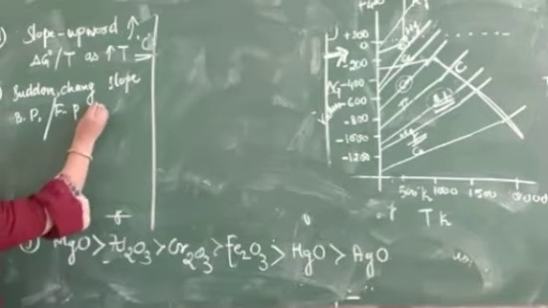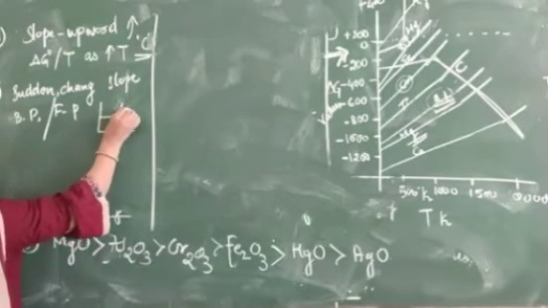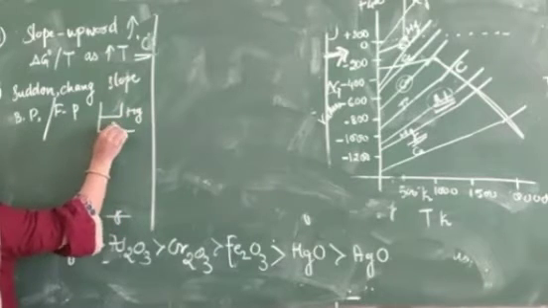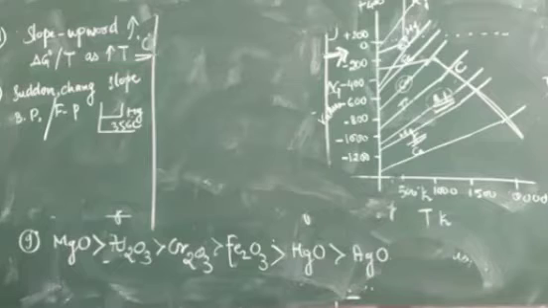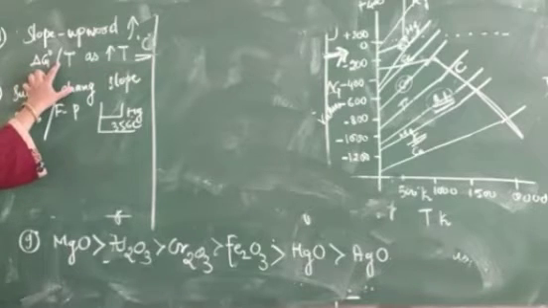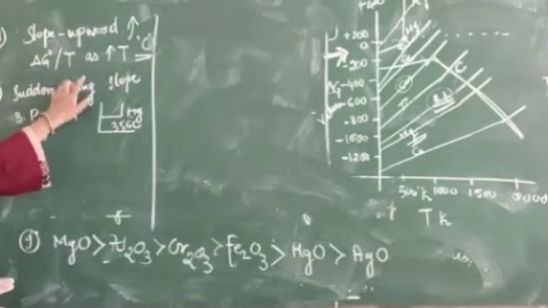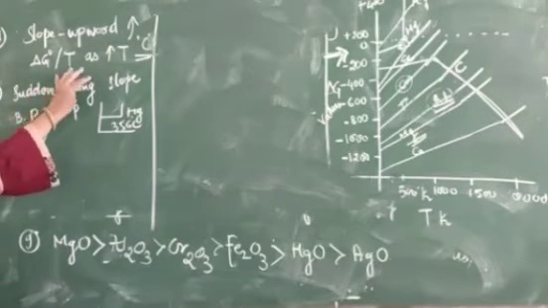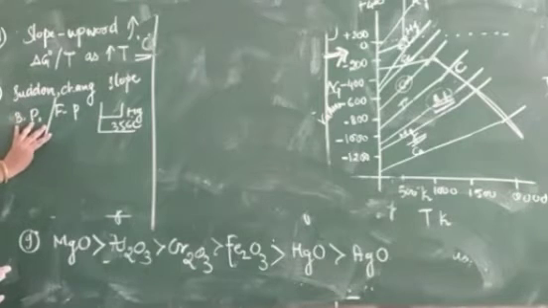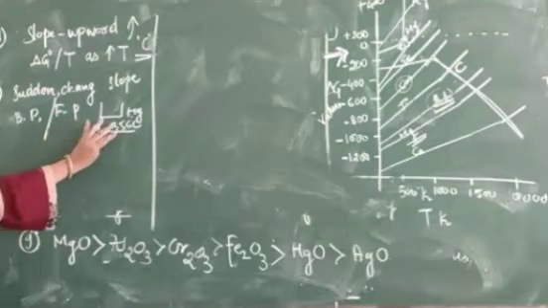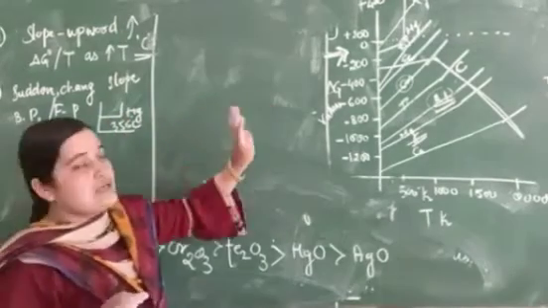I have taken the example of Hg here, and 356 degrees Celsius is the boiling point of Hg. First, all delta G naught versus T slopes are upward as we increase the temperature, except for C. Second, there is a sudden change in the slope, which we call the boiling point or fusion point, with Hg as the example.